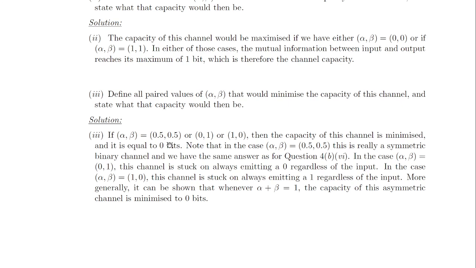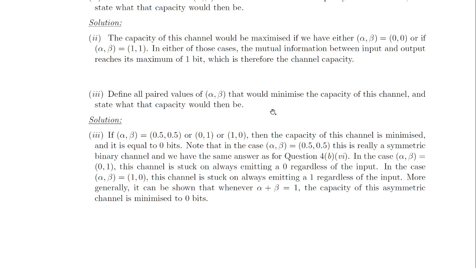And also, if you always flip an input, either one or the other, if it's always flipped, then the capacity is minimized, and it's again equal to 0 bits. So basically, this is a case in which what comes out of the channel is always a 0, because 0 gets transmitted without any error probability, but a 1 is always flipped into 0, so you always get a 0 coming out.